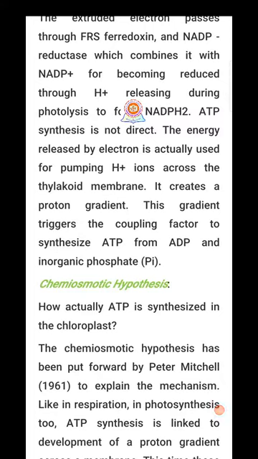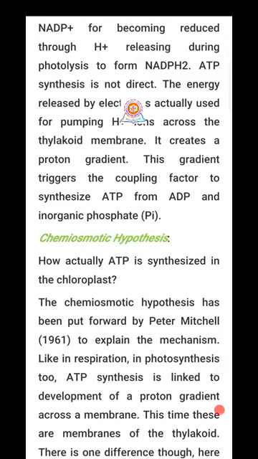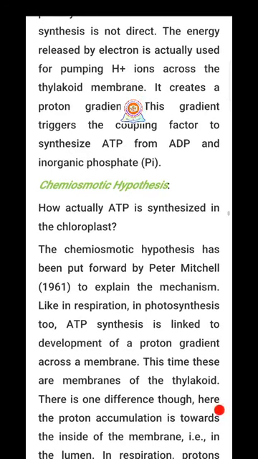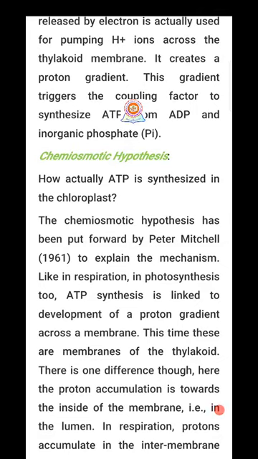The chemiosmotic hypothesis is also suggested for this, to explain how ATP is synthesized in the chloroplast. The chemiosmotic hypothesis was put forward by Peter Mitchell in 1961 to explain the mechanism of ATP formation.